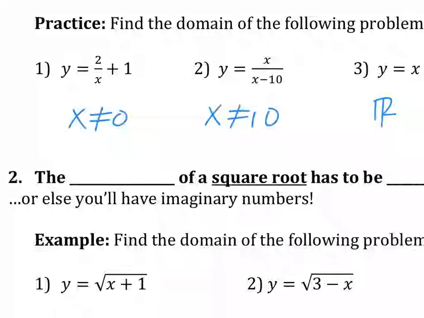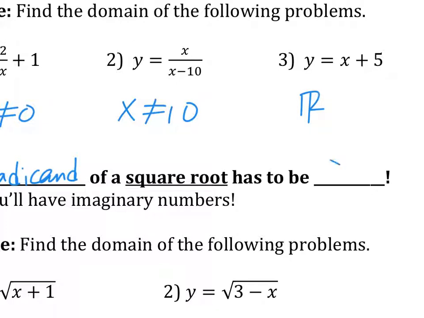Number 2, you want to check the radicand of a square root. It has to be greater than or equal to 0. The radicand of a square root has to be greater than or equal to 0. First of all, what is a square root?